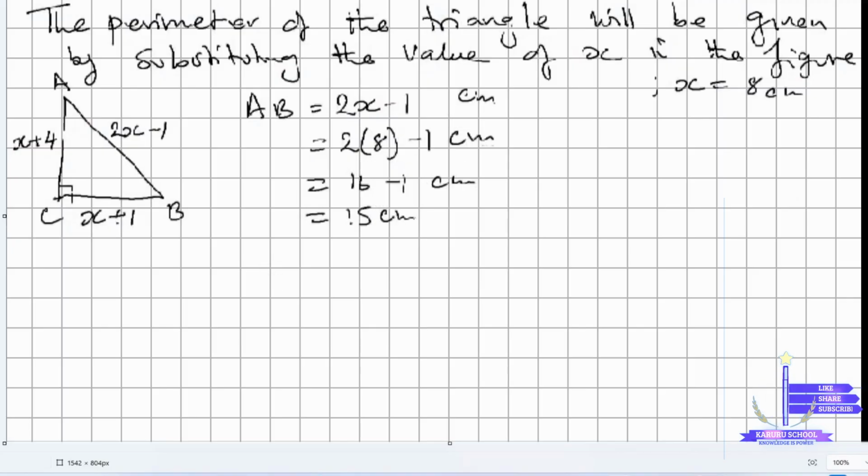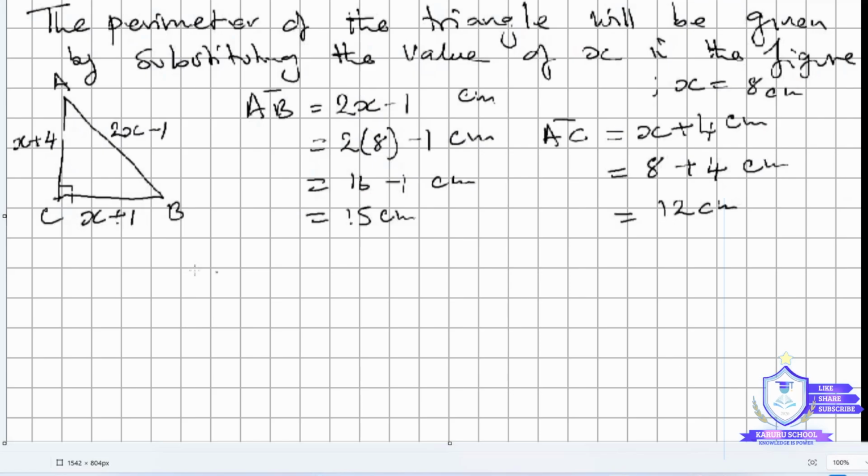And then we have AC would be equal to x plus 4, which is 8 plus 4 centimeters, which is 12 centimeters.